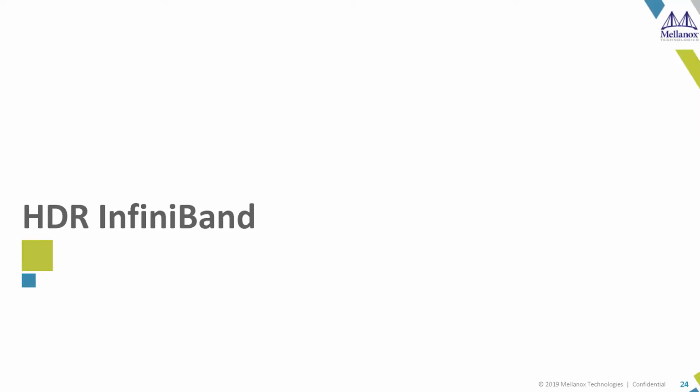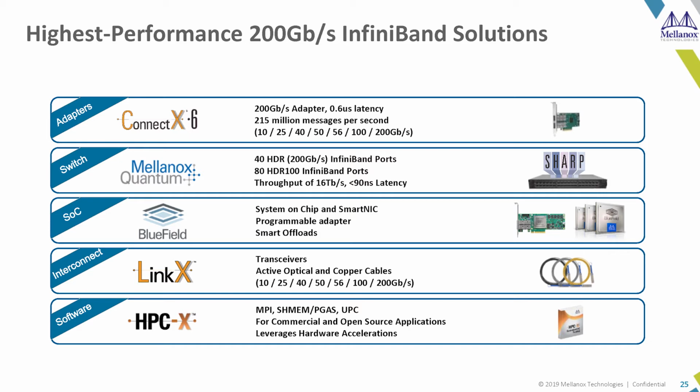So the last slide is just to talk a bit about HDR, which is our latest product to come out. This includes the ConnectX-6 adapter, the Quantum switch, a version of Bluefield, and some other cable support, as well as software.